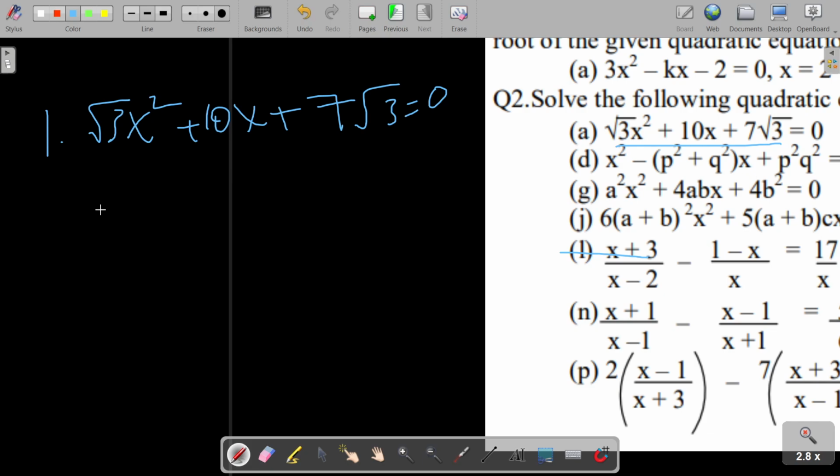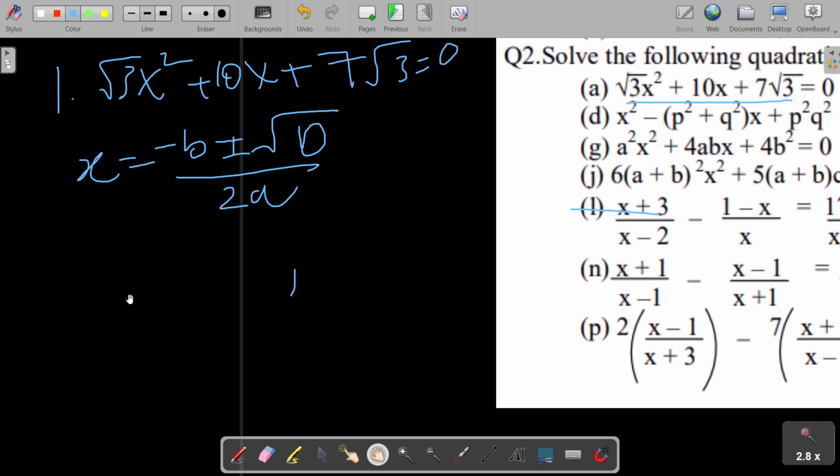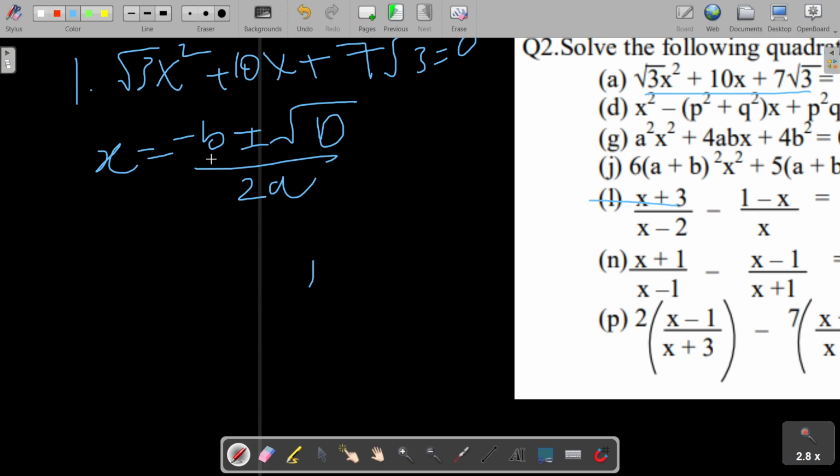So I can simply use the quadratic formula, x is equal to minus b plus or minus root of the discriminant over 2a. Or I can use any other method, like the completing the square method. So I'm going to use the formula simply.